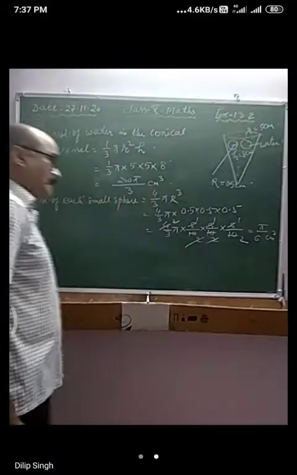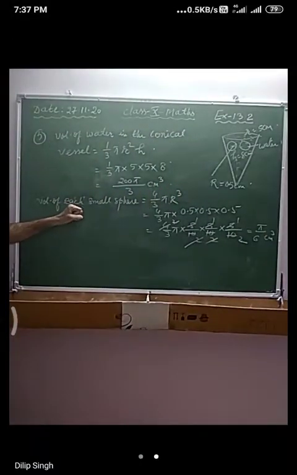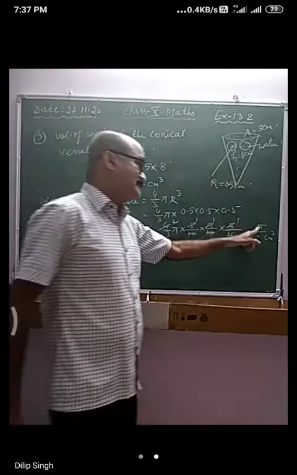Okay, so the volume of each sphere is what? That is pi by 6.